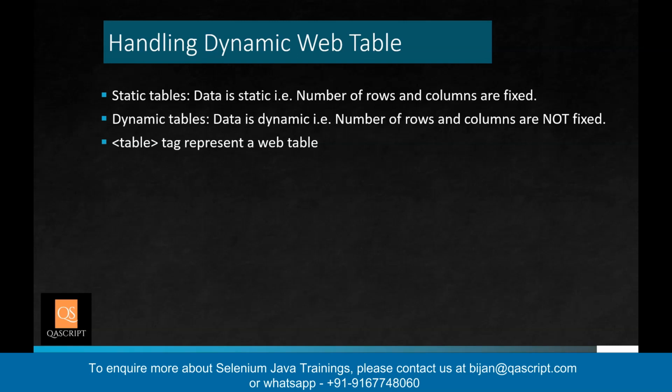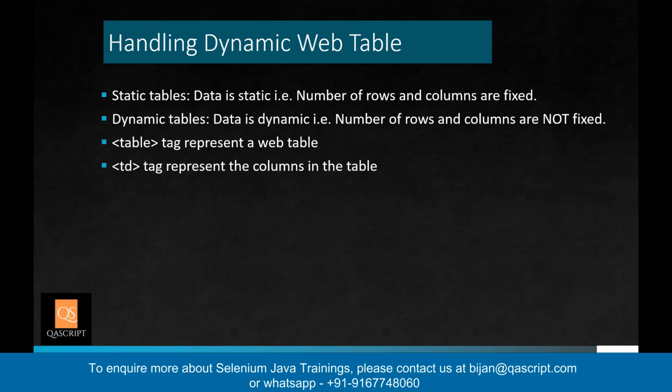Now, how do you identify a particular web table? Whenever you spy or inspect a particular element on the web page, you will see the table tag. If you see this table tag, that means it is a web table, and then you need to fall back upon different mechanisms to handle it.